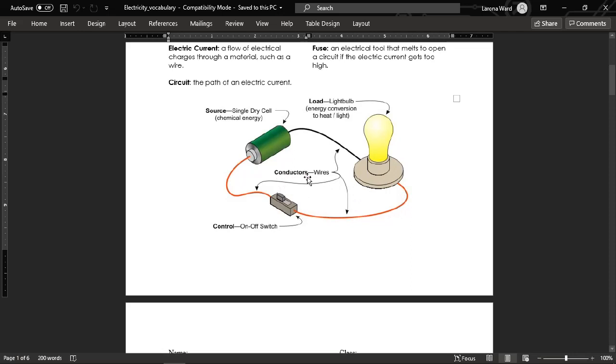But most of the time, I'm not just going to see exposed wires. My wires are going to be covered with an insulating material, such as plastic, so that I don't get shocked. For example, your phone charger. If you take a look at it, that wire is covered with a plastic, so you are not going to see the wire.